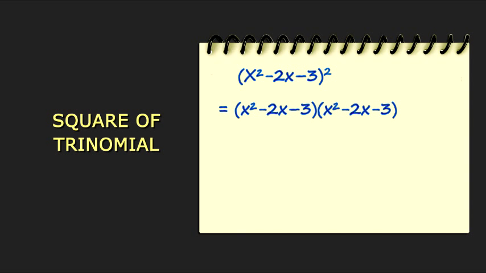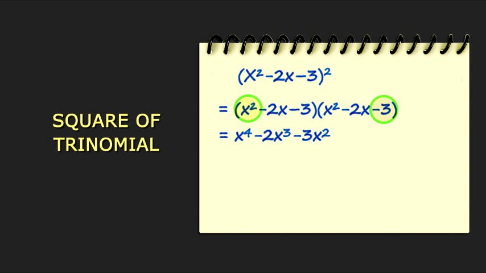Then, distribute the 3 terms in the first trinomial to all 3 terms in the second trinomial. So, x squared times x squared is equal to x to the 4th. Then x squared times negative 2x is equal to negative 2x cubed. Another, x squared times negative 3 is equal to negative 3x squared.